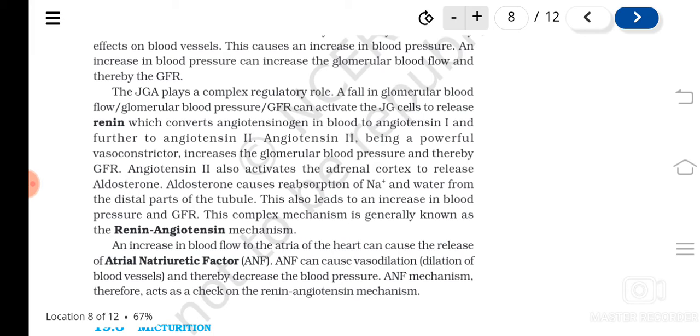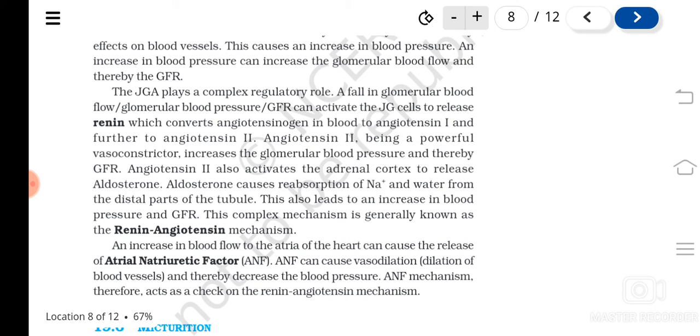Angiotensin 2 is a vasoconstrictor, which increases the blood pressure, and thereby more GFR will be produced.